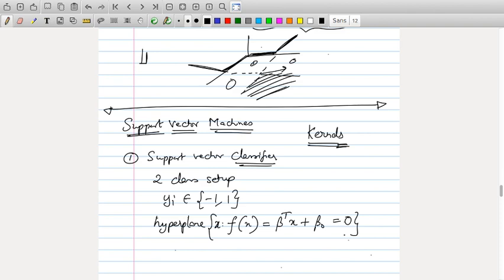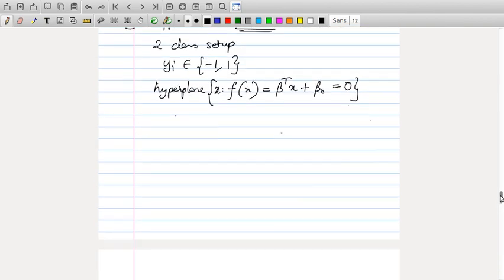So, for example, in 2 dimensions, a hyperplane is just a line. If I have x plus y equals 1, it will be a line like this, which will pass through (1, 0) and (0, 1). This is a hyperplane in 2 dimensions.